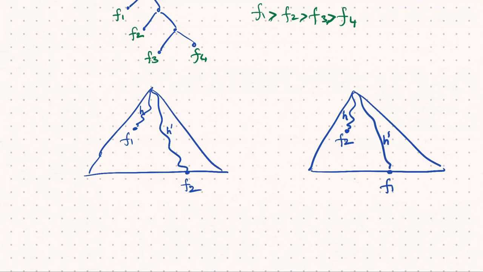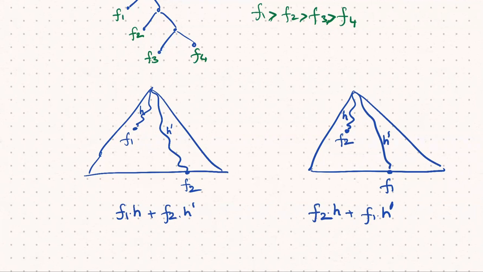Now, what would be the change in cost? We just have to consider the contribution of these 2 terms, F1 and F2, because everything else remains the same. Here the contribution to the cost would be F1 times H plus F2 times H dash, and here the contribution would be F2 times H plus F1 times H dash.